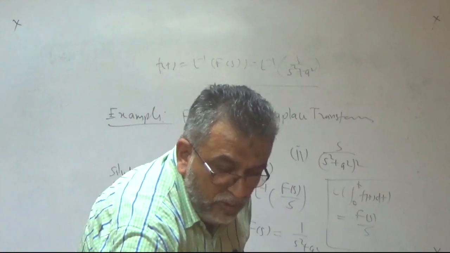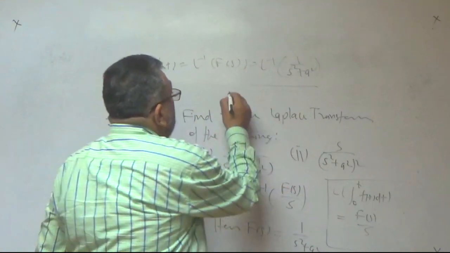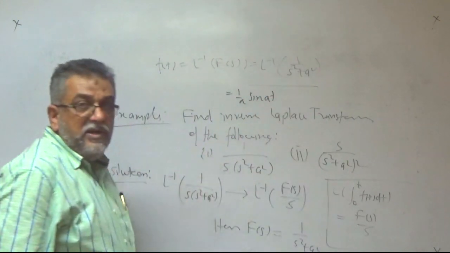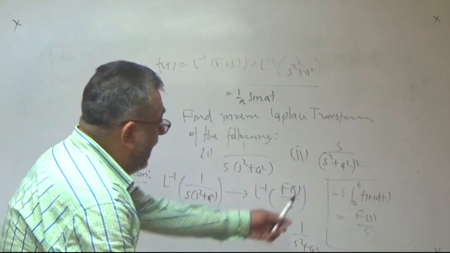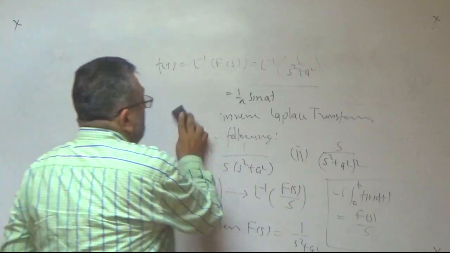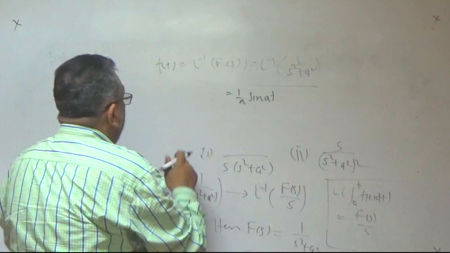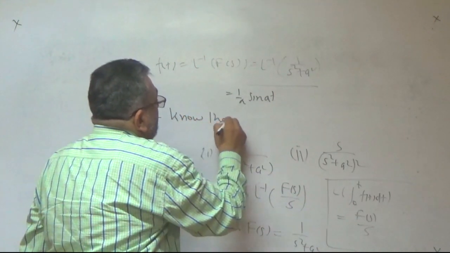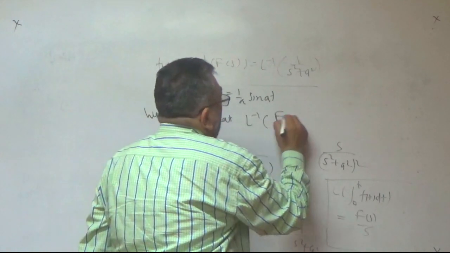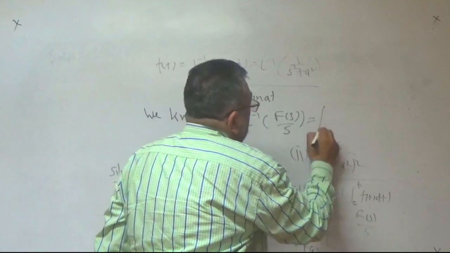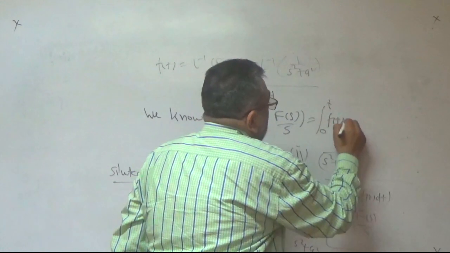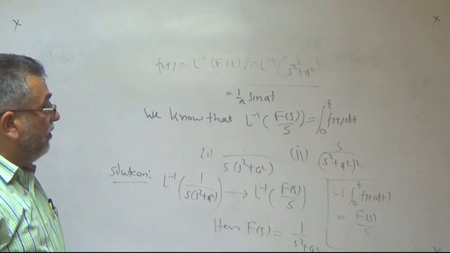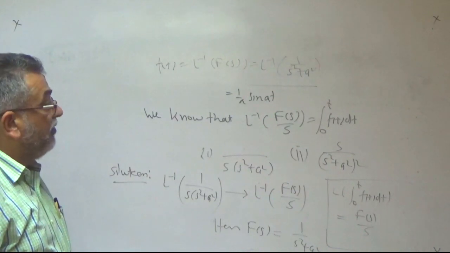I have told you that directly this is 1 by a sine at. This is our f(t). Now, by this formula, the inverse Laplace transform of F(s) upon s is the integral of f(t) dt. That is the formula obtained from the formula for the Laplace transform of an integral.